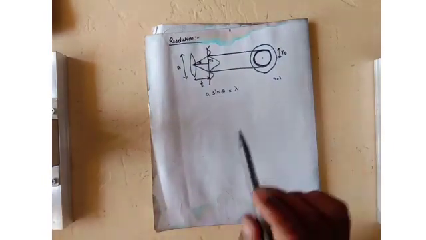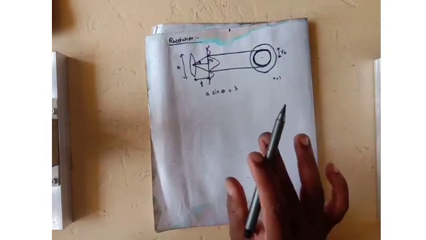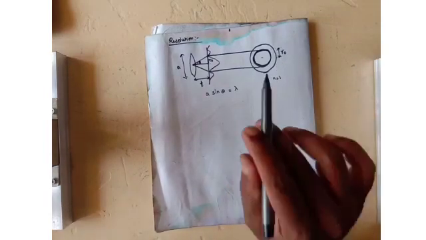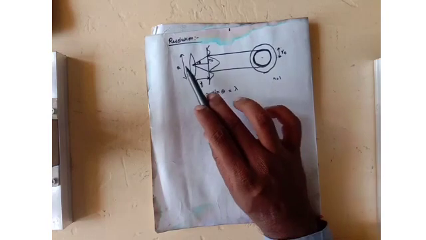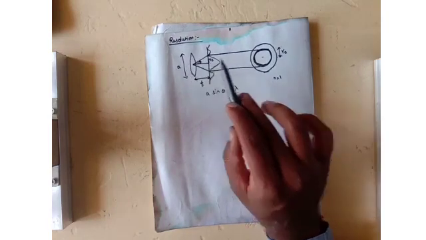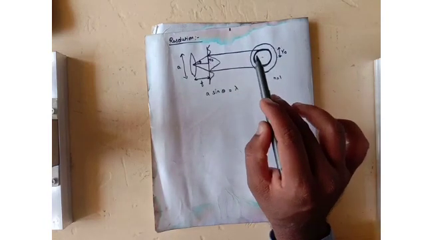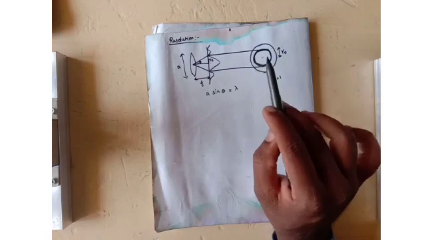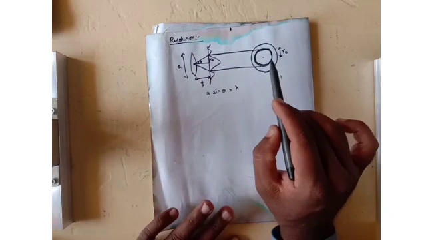Whatever object is placed, the image formed will not be a point. We place a point object, and the image will not be a point, but a diffraction pattern.